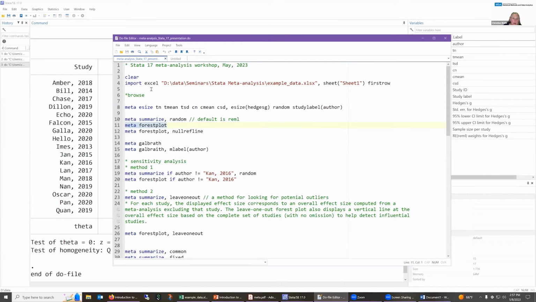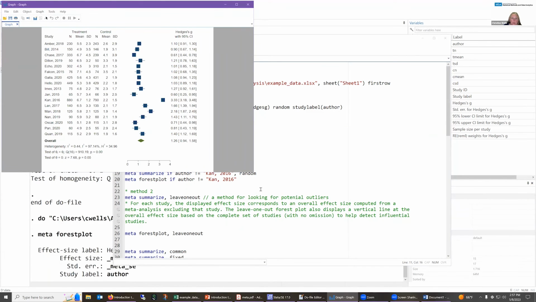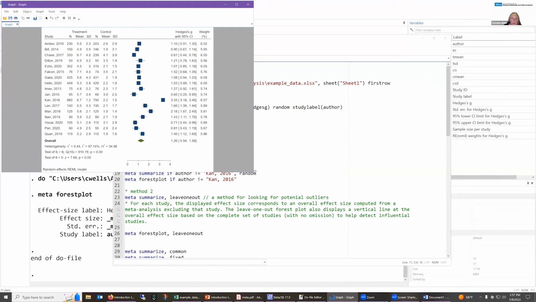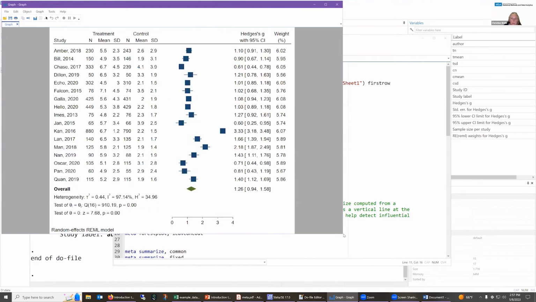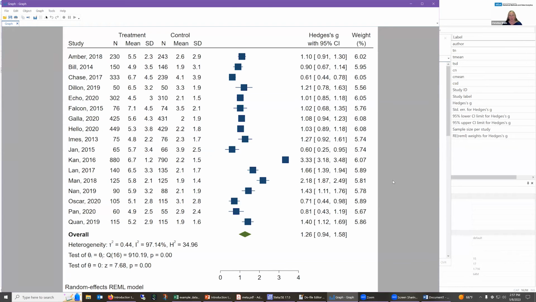Most folks, however, want this. Make that a little bit bigger. Okay, there we go. This is called a forest plot. And as you see, it contains all the information that was in my output from the summarize, but we got some extra stuff.